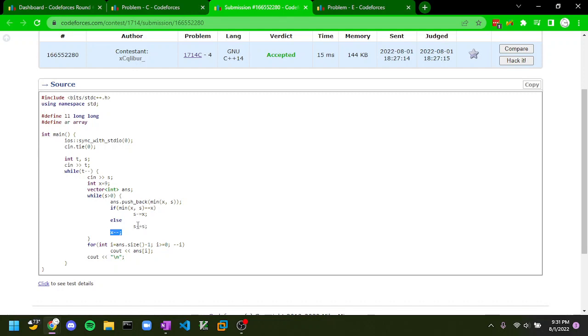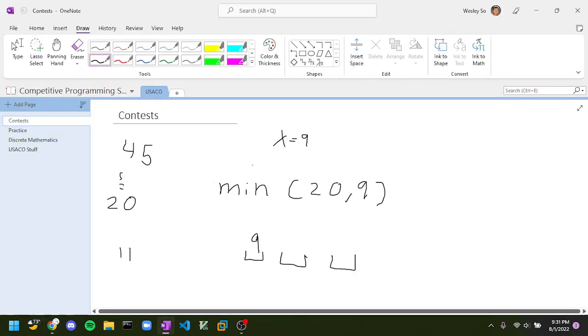And also, we want to do s minus equals x, because 9 is already used in the sum. And yeah, we repeat this process again. The minimum of now 11 and 8. So instead of 20 and 9, it would be 11 and 8.